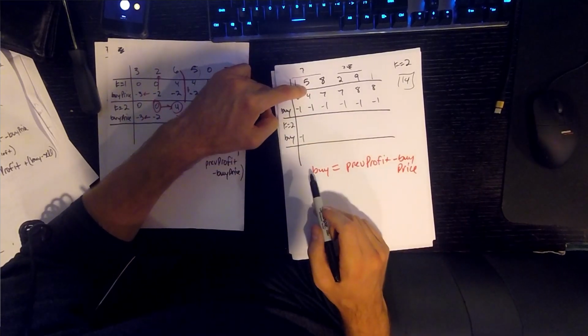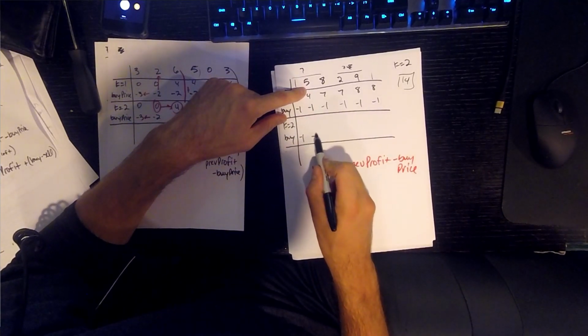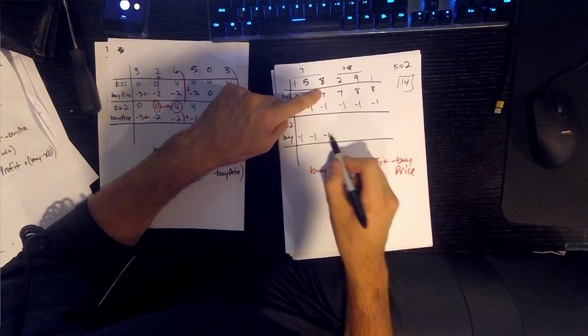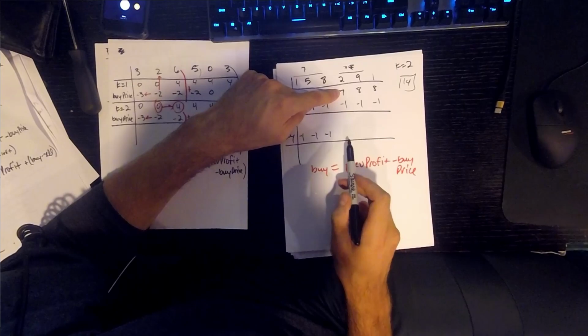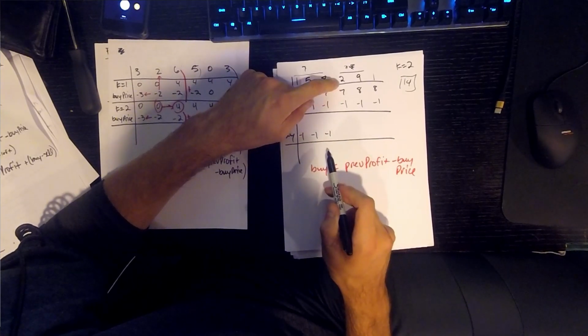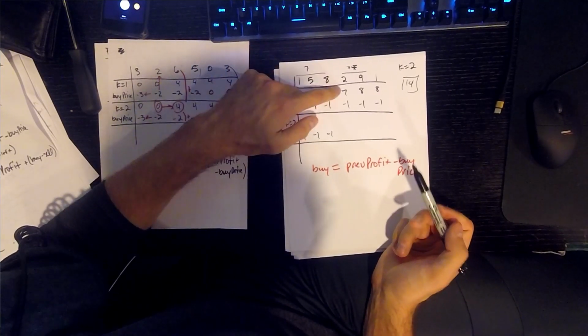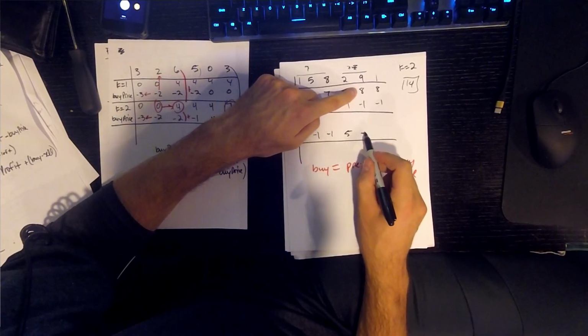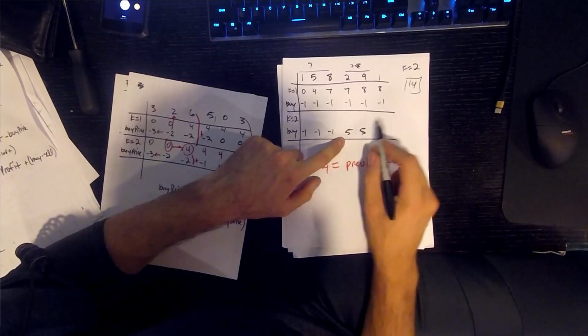So our previous profit here minus the buy price would be -1. Previous profit here, 7, minus the buy price, 8, still -1. Previous profit here minus the buy price would be 5. Previous profit minus the buy price would be -1, but we're going to use 5 because it's a max function.